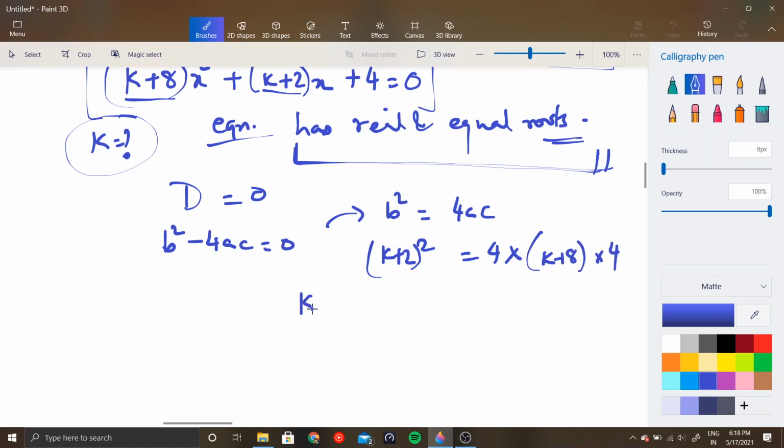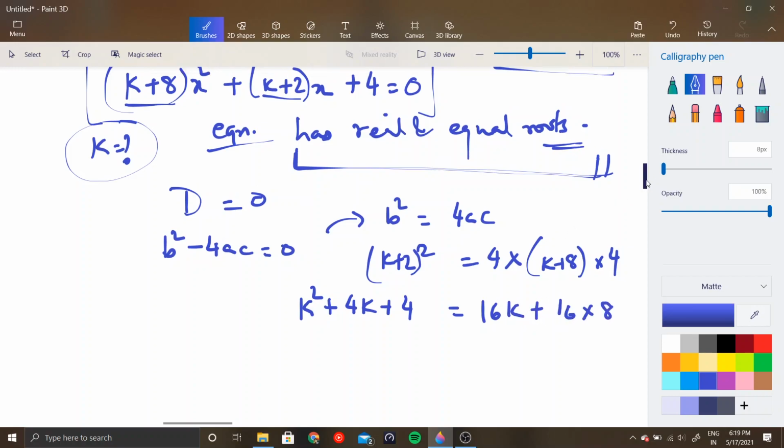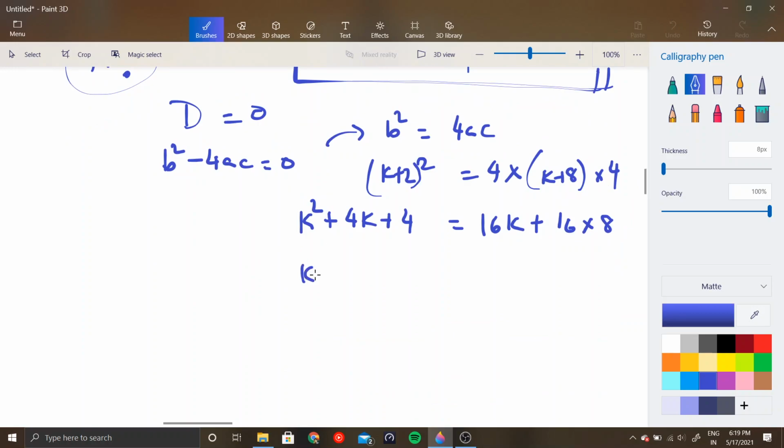Okay. So LHS is k square plus 4k plus 4 and this is 16k plus 16 into 8, right? Alright. K square minus 12k minus, what's 16 into 8 first? It's 128, right? 128 minus 4, this is 124. Right?